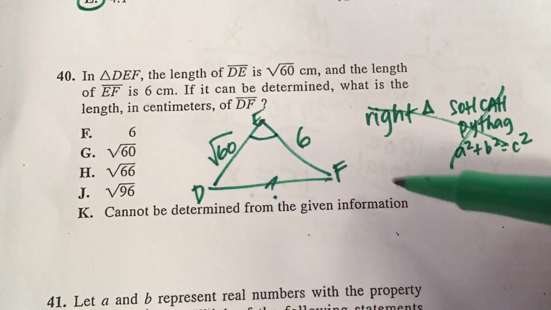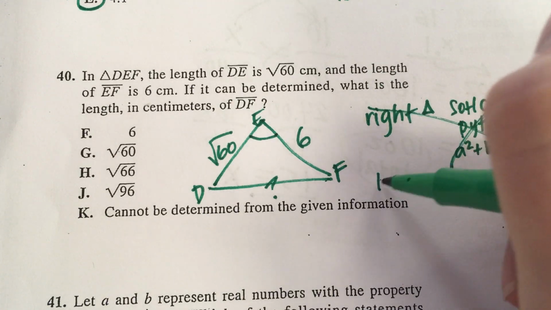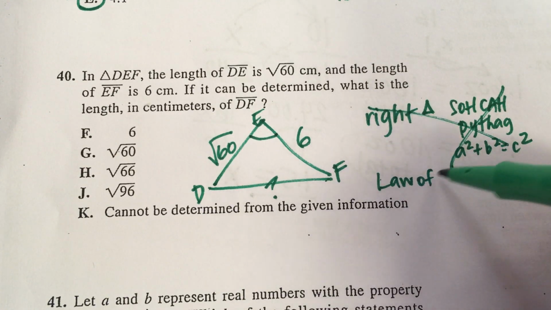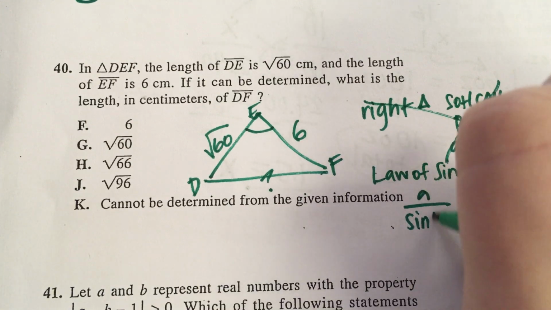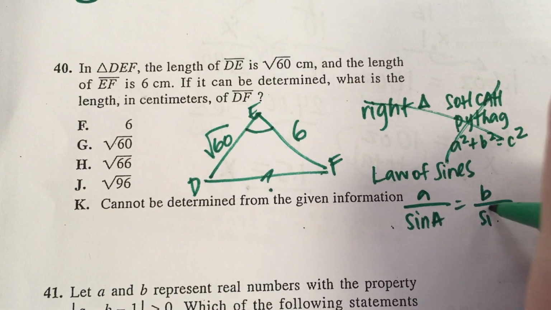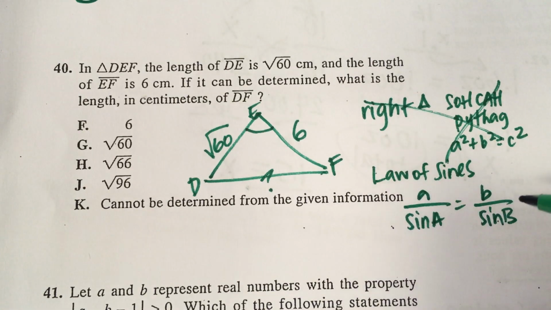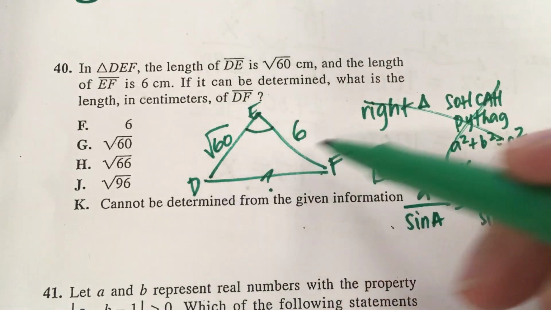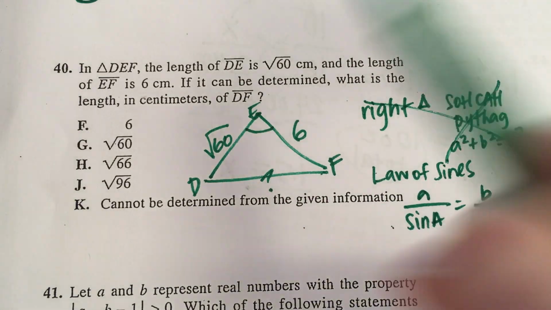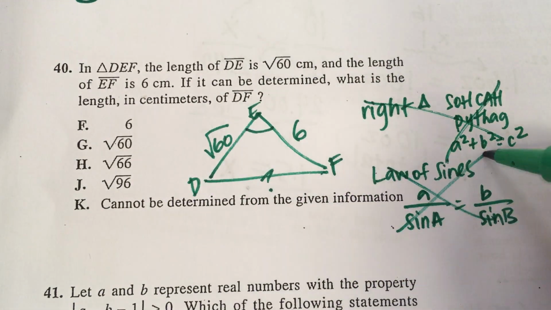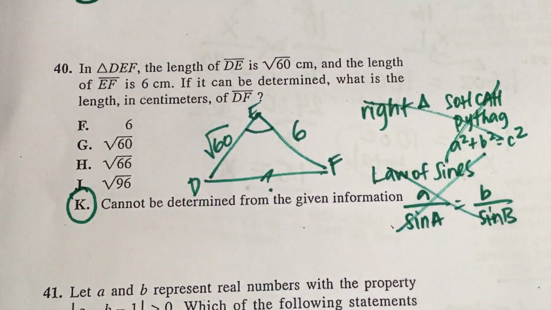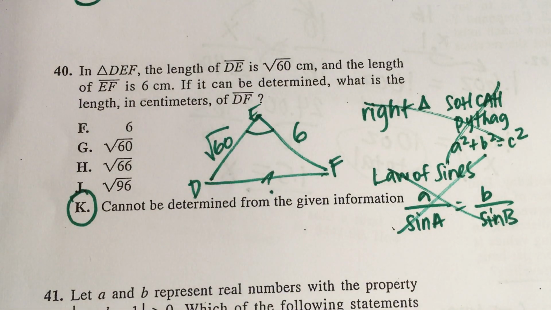If they gave me like one of these angles, then I might be able to use law of sines, which some of you guys might know, which is like A over sine A equals B over sine B, right? That one. But they don't tell me any angles, so there's nothing that I can decide here, and none of my sides are the same. So there's nothing I can do in this problem. This is actually one of the rare answers where you cannot determine it from the given information. So their answer is K.